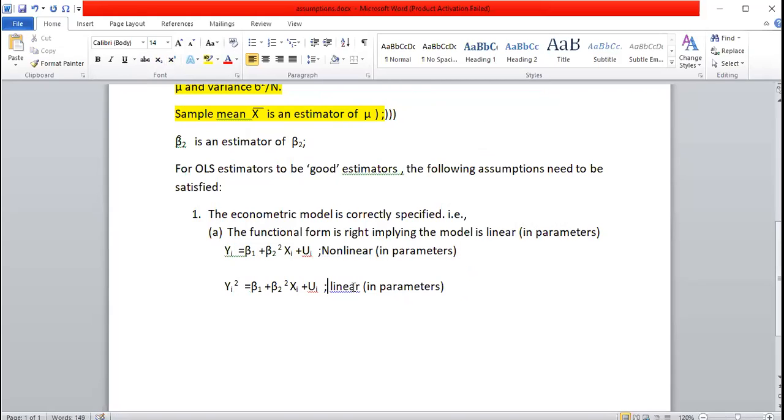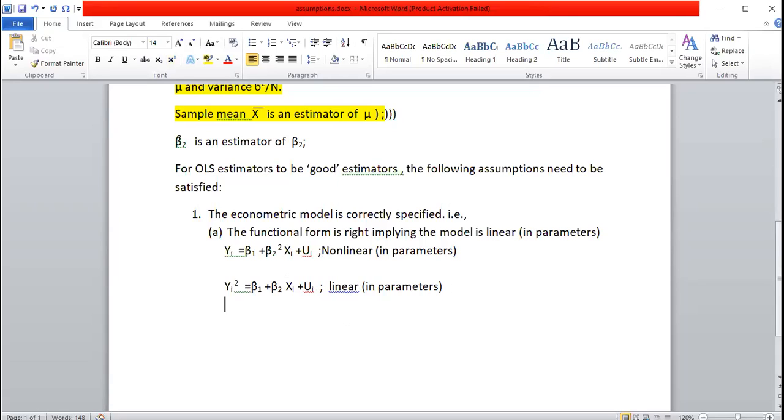But for regression purposes, this is linear. Not this one, I'll erase this. Let's say you got y squared equals beta 1 plus beta 2 xi plus ey. Is it linear? It's not linear actually, but it's linear in parameters. This is okay. If you get a model like this, it is fine.